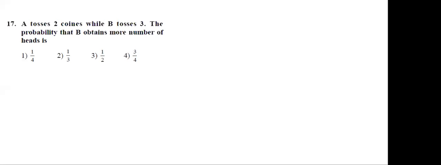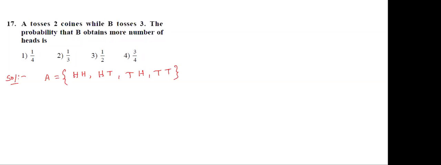A tosses 2 coins. If 2 coins are tossed, what are the sample points? Tell me. These are the total sample. 2 coins tossed means 2 heads possible. 1 head, 1 tail: first coin is head, second coin is tail. First coin is tail, second coin is head. Another one is 2 tails.